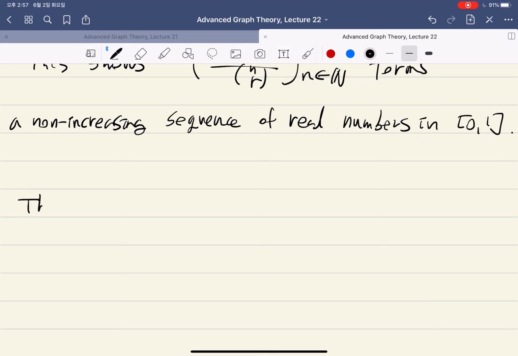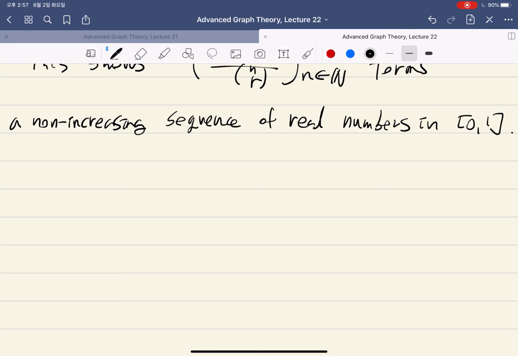And next, what we want to prove is that once we have this, then it's natural to ask what the Turan density of graphs or hypergraphs is. For graphs, we know quite a bit, but for hypergraphs, not much is known.